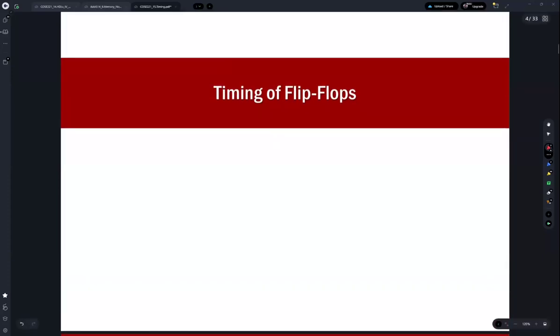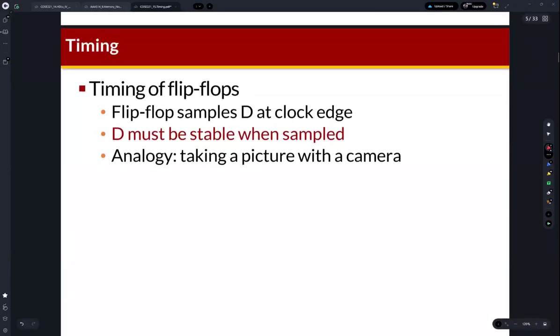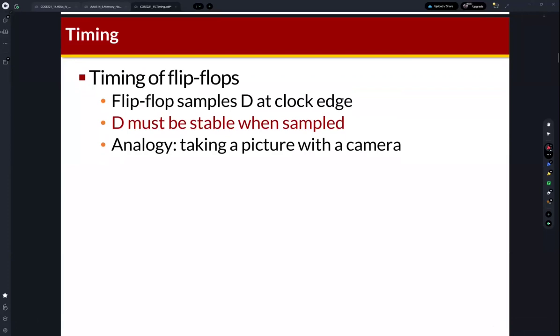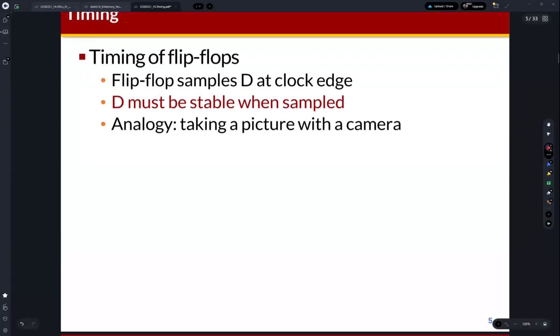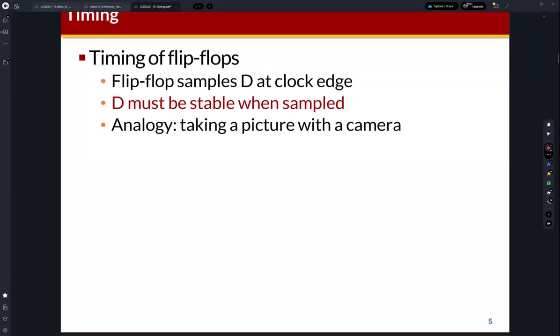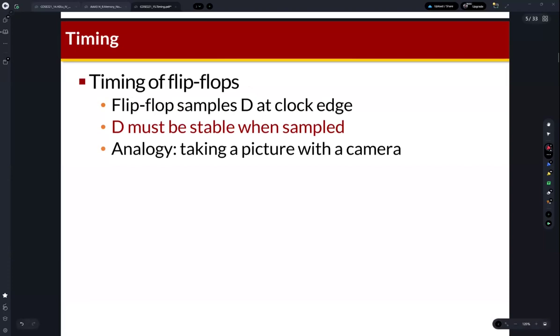So let's learn about the timing of flip-flops. I also mentioned that usually we do not use latches. Latches can be used for some special, specific circuits.